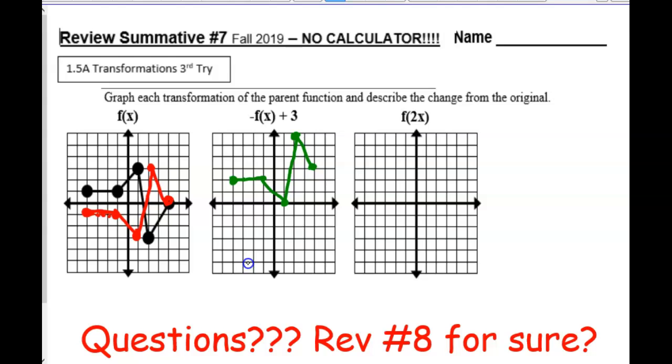Okay, what's going on the second one? Being stretched somewhere. Shrinking. Being shrunken. Inside is changing x values, and it's the opposite of what it seems.